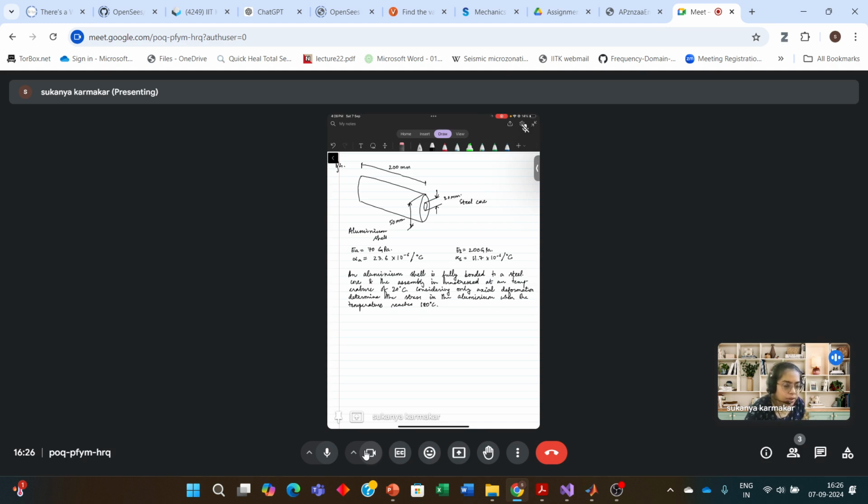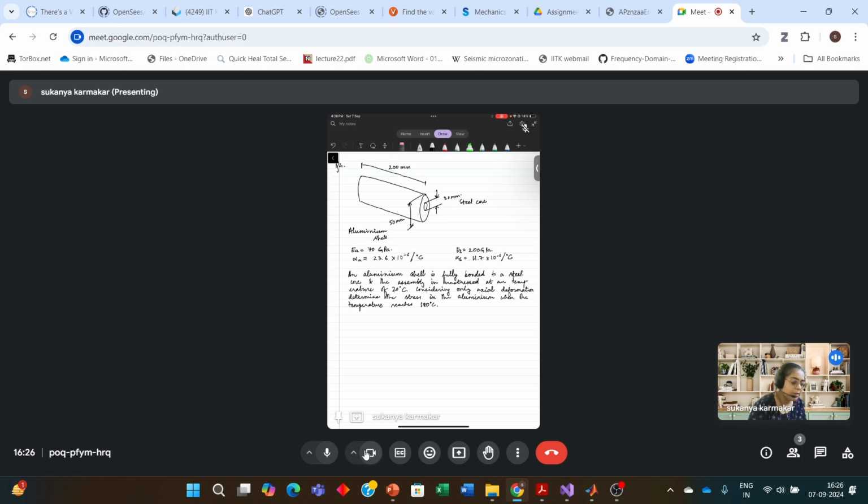But we know that because of change in temperature, the increase in length is L alpha delta T. Now, the alpha of the two materials are different. Alpha of aluminum is more, so it will expand more than the steel because of increase in temperature.